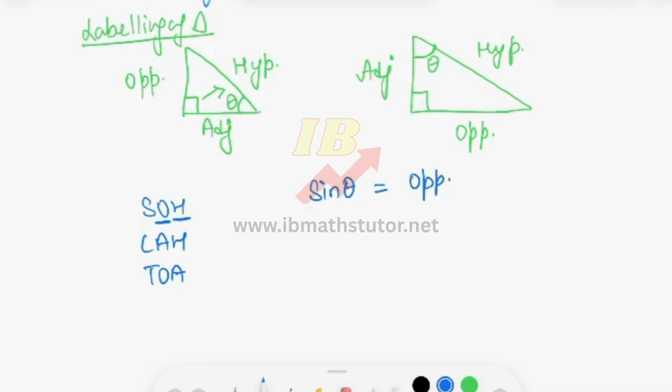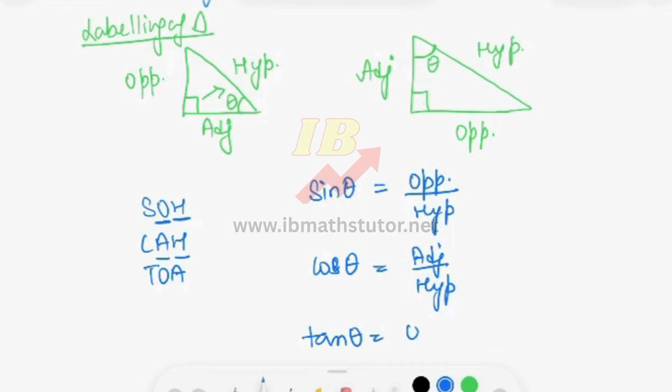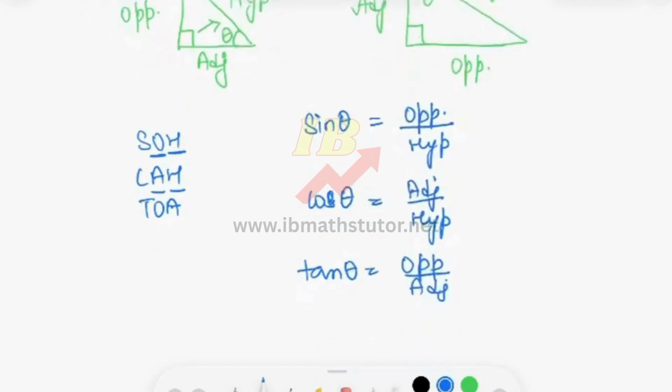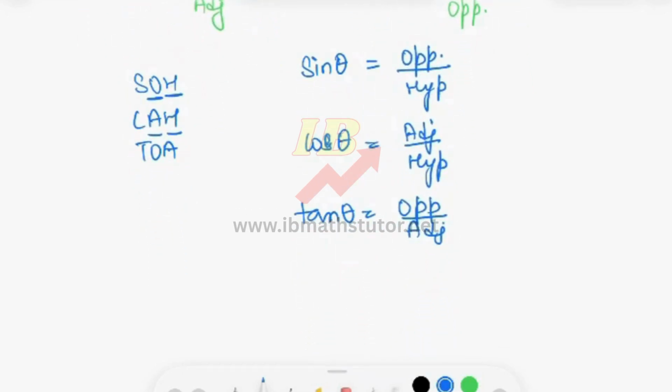So we write sine as opposite over hypotenuse. Similarly, your cos theta is adjacent over hypotenuse, and your tan theta is opposite over adjacent. That's how we can easily remember these things, by learning the labeling and then SOHCAHTOA.